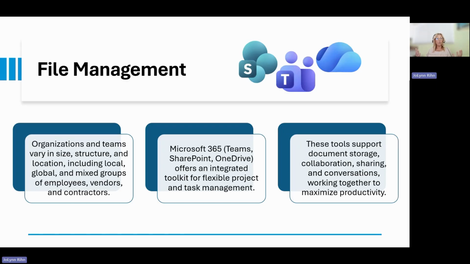When we talk about working in our Microsoft 365 environment, we're talking about cloud storage. So when we mention OneDrive, SharePoint, Teams, we're really referring to saving files to the cloud. That means you have to have an internet connection.